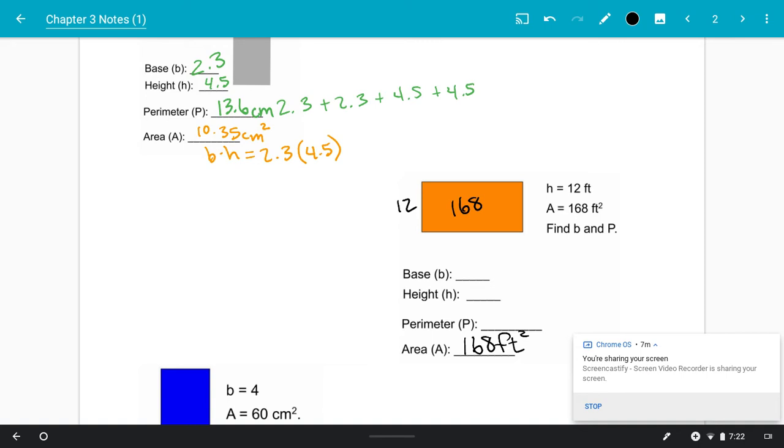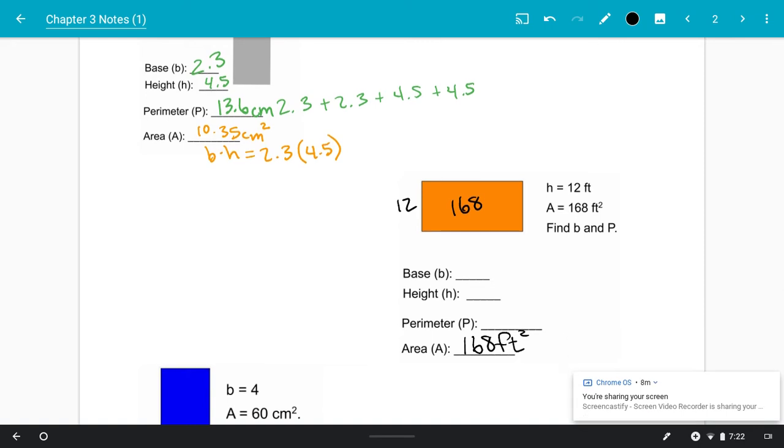Remember, we find the area by base times height. That's the formula. So I would always write the formula out in your workspace. And then we know that A is 168. We don't know B, but we do know H is 12.